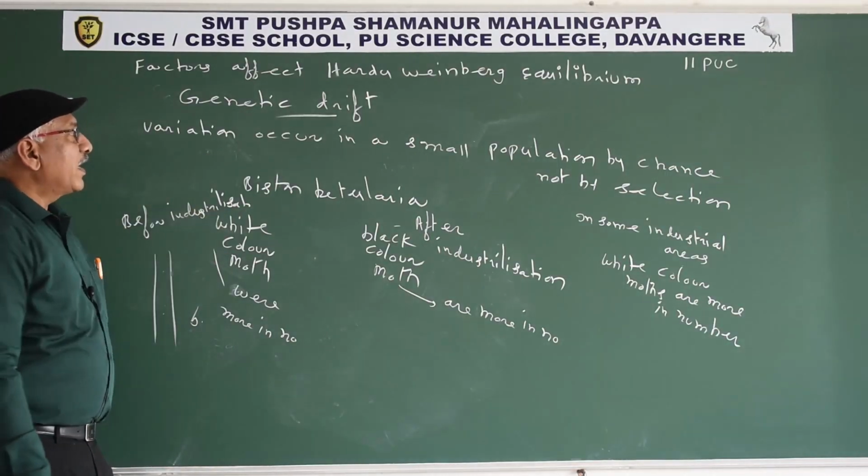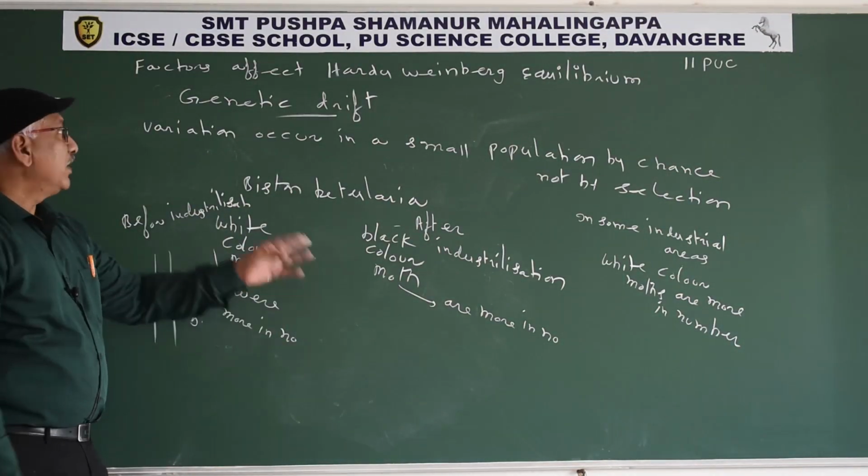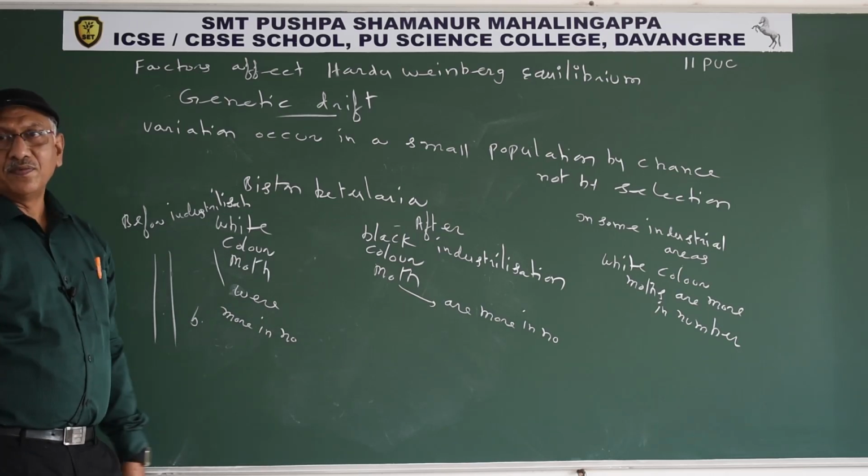So, variation occurring in a small population by chance, not by selection, is known as genetic drift.